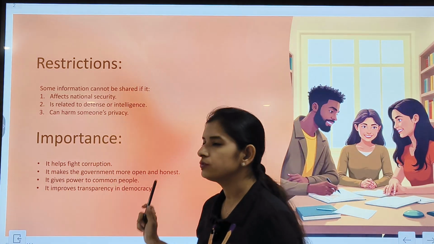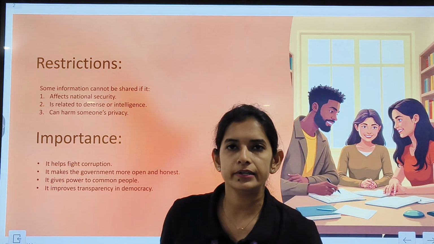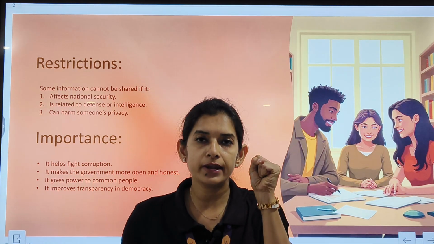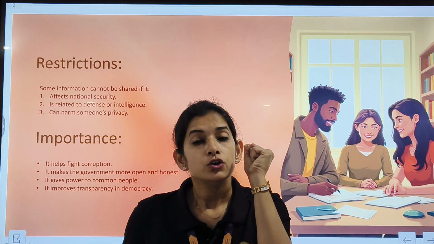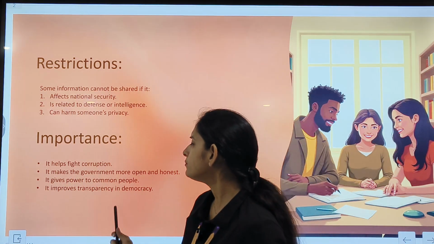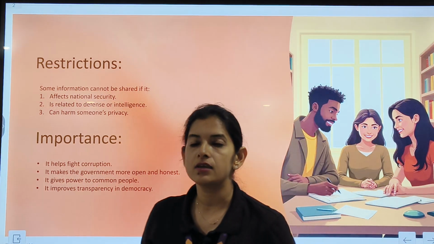It gives power to the common people, which we have already discussed, because right to information is the right which is giving power to the common people. It improves transparency in democracy.